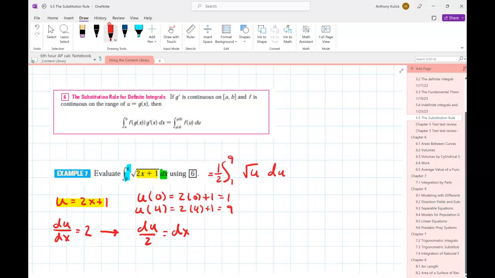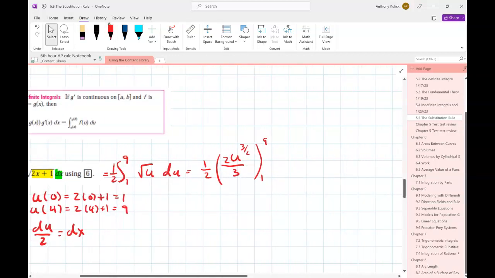Everybody's okay with that? So now I'm going to go ahead and do my antiderivative. What's the antiderivative of the square root of u? Yep. And I'm going to write it that way where I've already done the flipping. Now I'm not going to substitute back in for u, because the bounds I have are with respect to u.